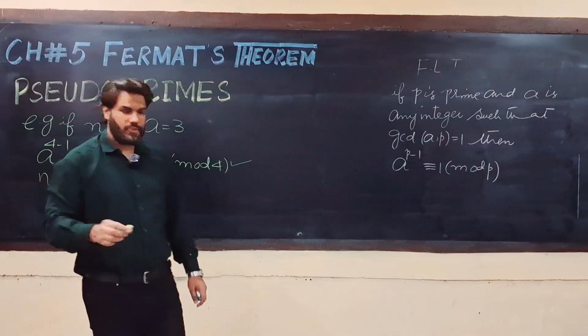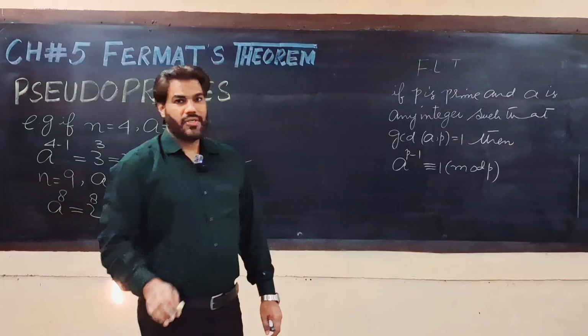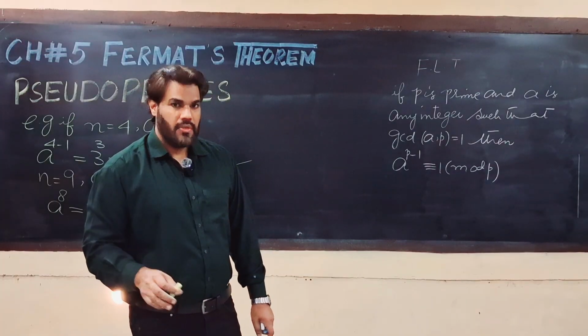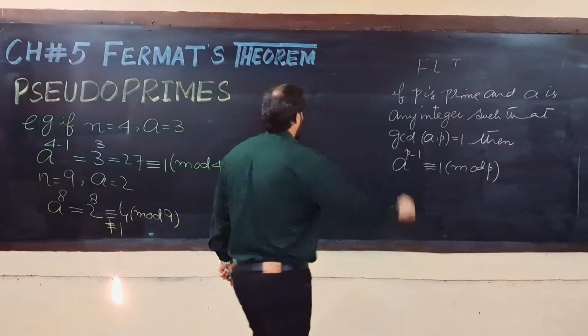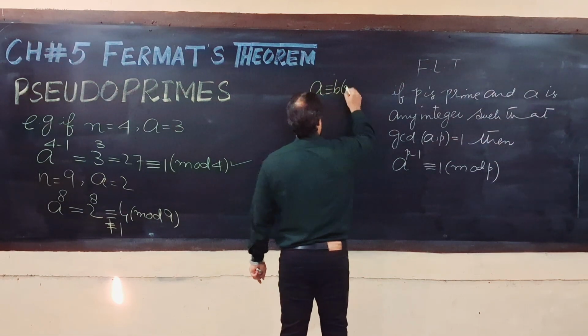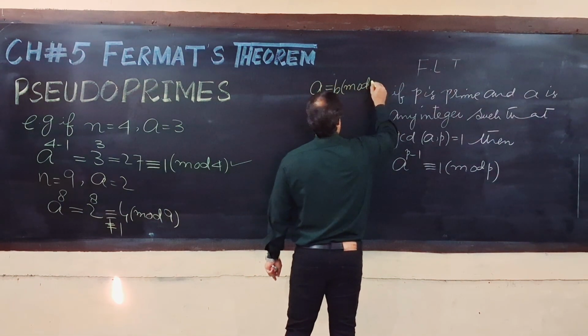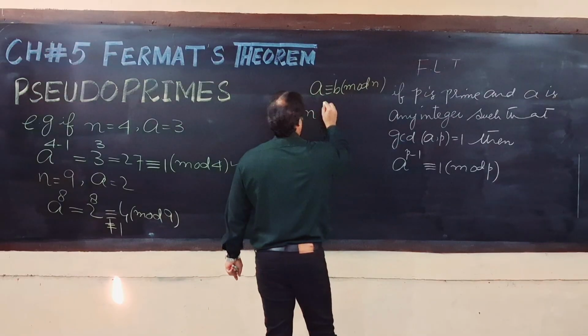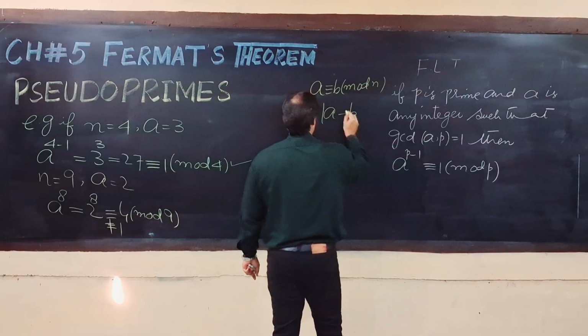What is the definition of congruency? We say two integers a and b are congruent with modulo n if n divides their difference a minus b.